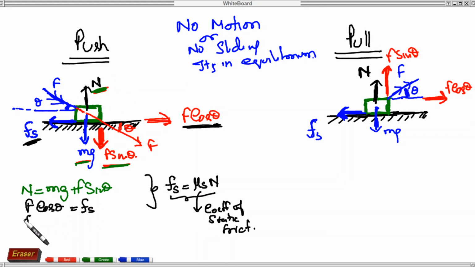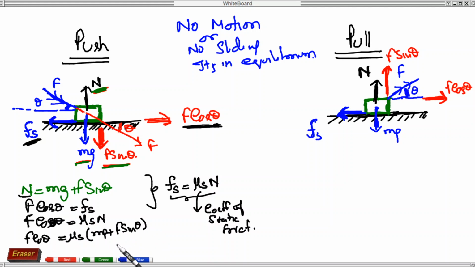F cos theta is equal to mu s N. Put this N over here: F cos theta is equal to mu s times (mg plus F sin theta).